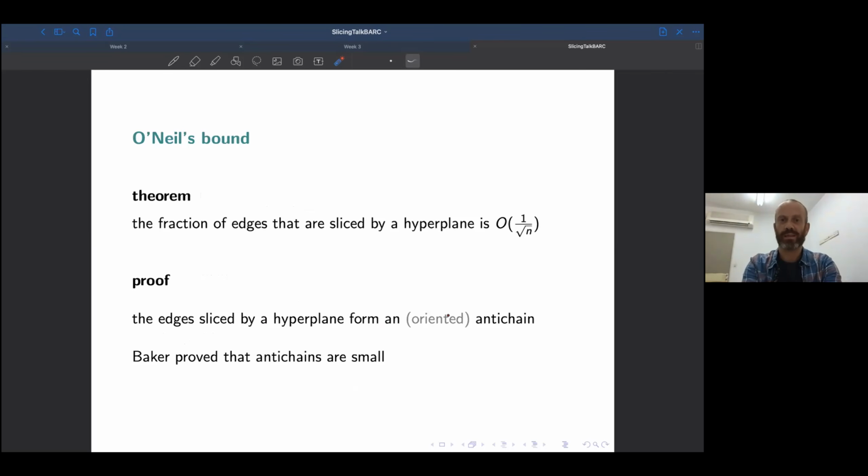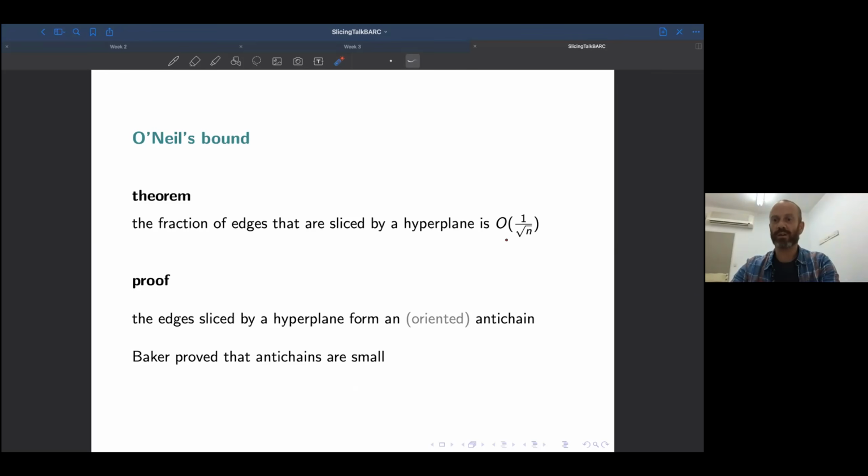And now this is how O'Neill proved his theorem. He proved that if we have a single hyperplane, any hyperplane, the fraction of all the possible edges that this hyperplane slices is small. It's at most 1 over square root of n.